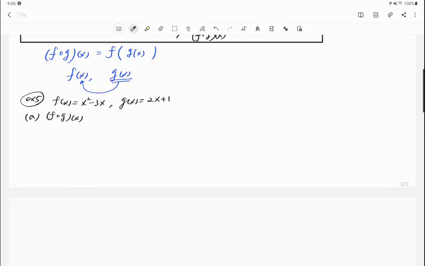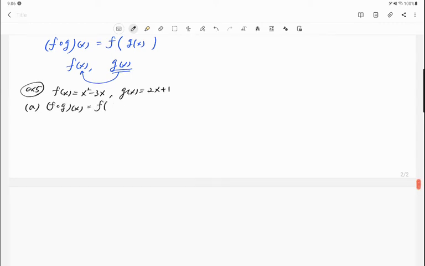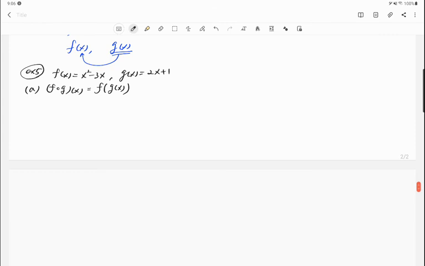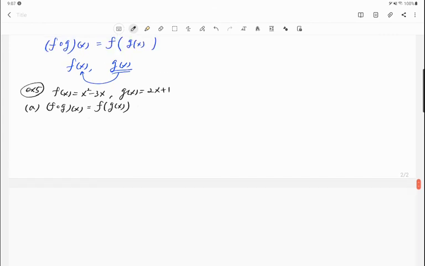Okay, so let's find the composition function of f and g. So f circle g of x means what? The input of the function f is the function g. So we're going to write it like this. That equals f of what? What's the g of x? G of x is 2x plus 1, right?